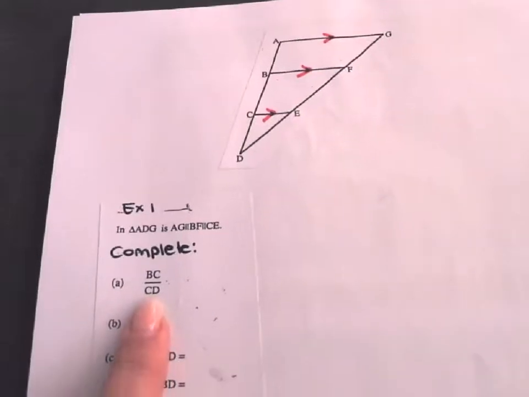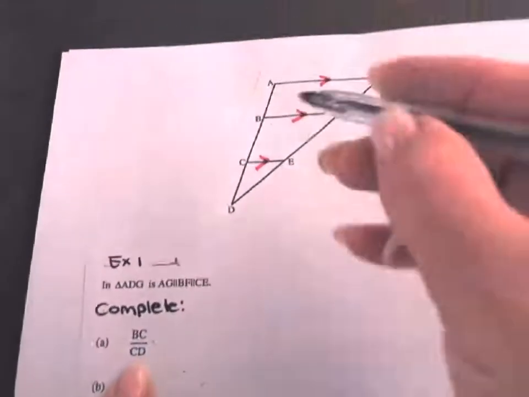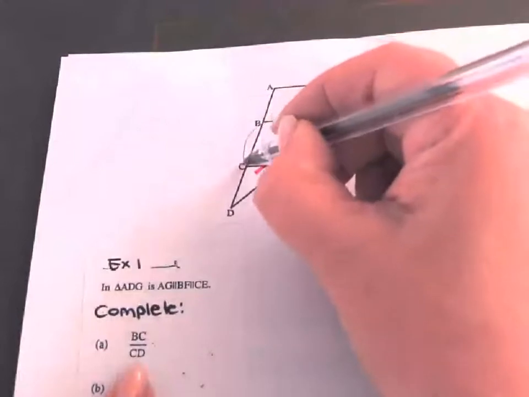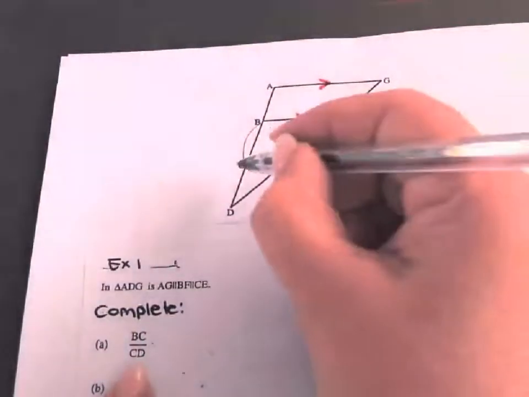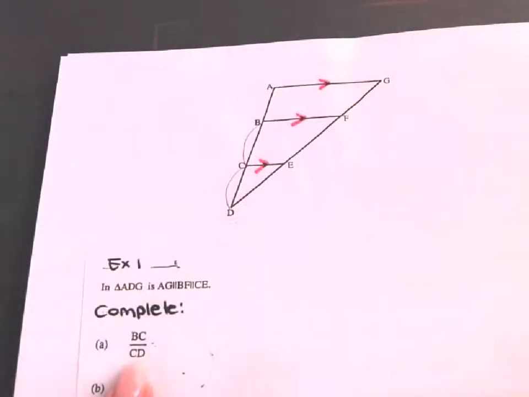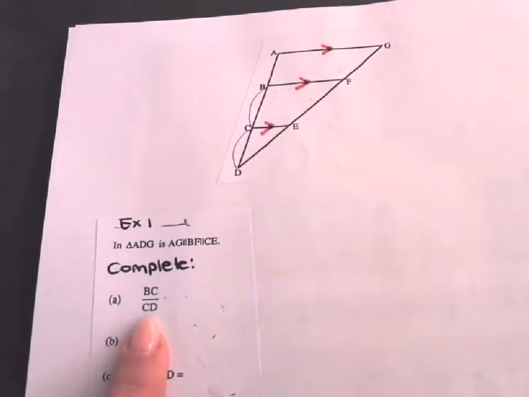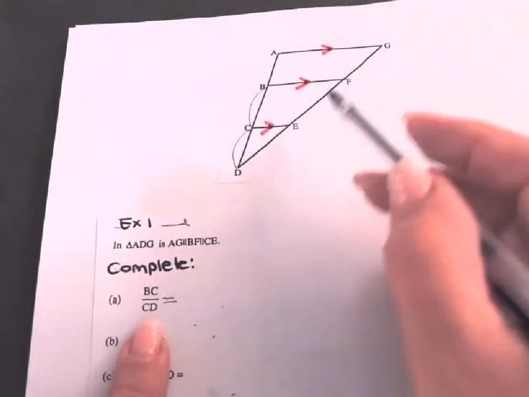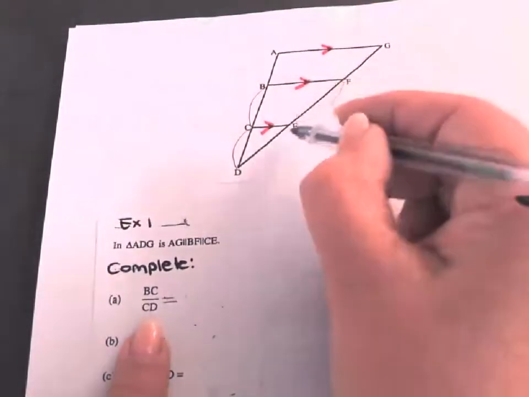Number 1, I say BC, so this one, divided by CD, that one. What will the answer be? EF divided by ED.